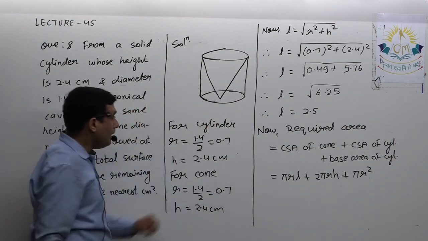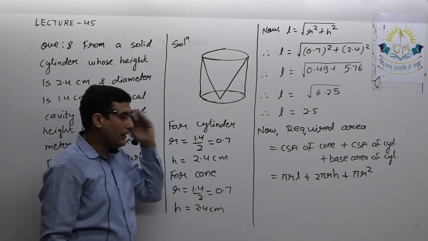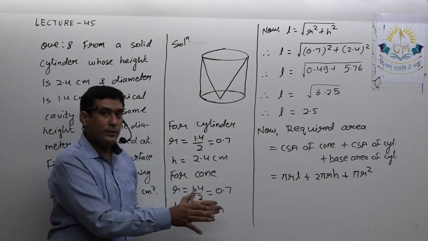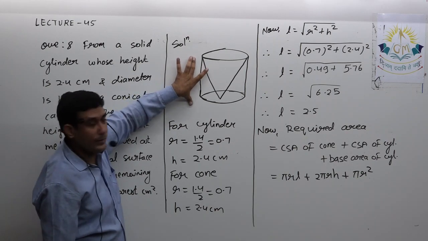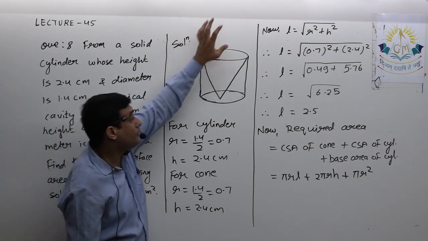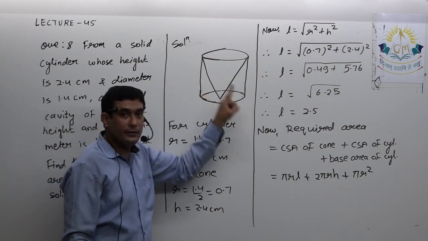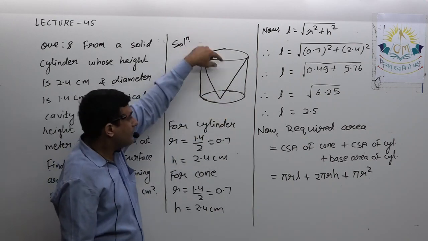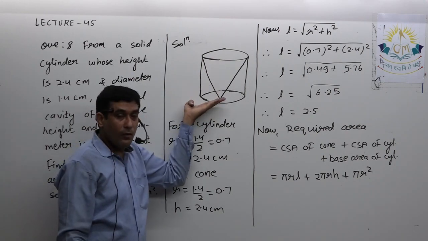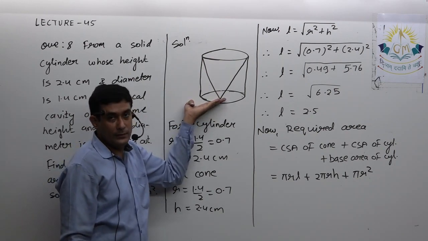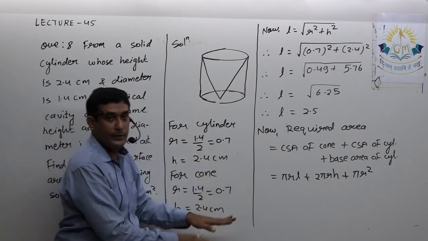cylinder. Now, suppose we are talking about a pillar, a small pillar of 2 or 3 feet height, and from there I take out this conical cavity. Then definitely I will take the CSA of cylinder as well as CSA of cone. But in that case, the base of the cylinder cannot be painted. It is not possible to take out that pillar, paint it and keep it again.